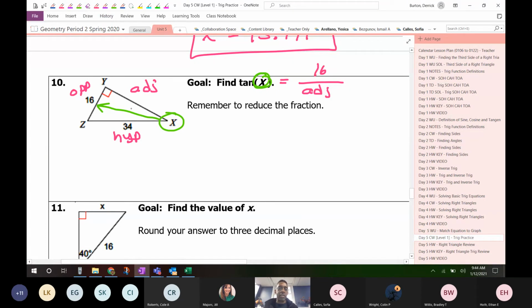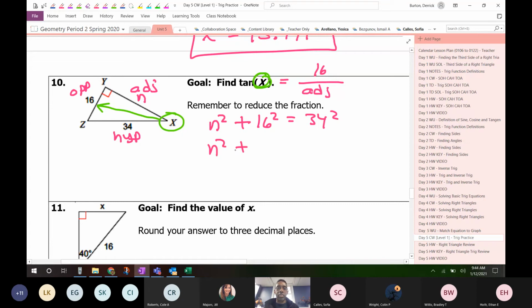In order to find it, we will have to do the Pythagorean theorem. I'm going to call this n for a second. So this would be n squared plus 16 squared is equal to 34 squared.